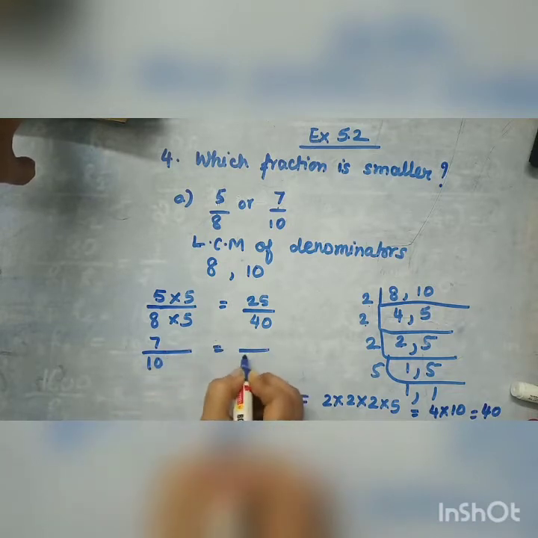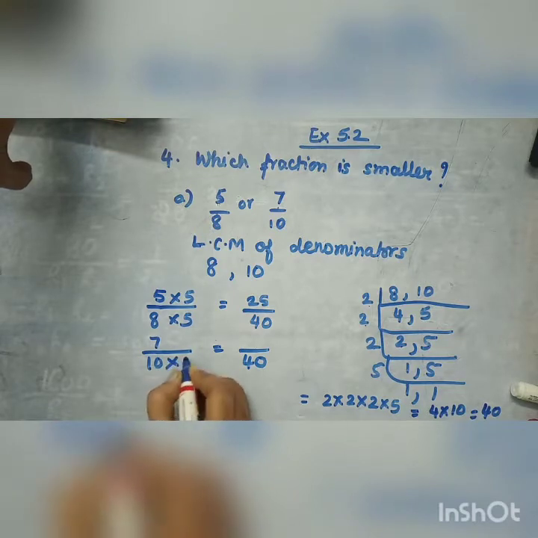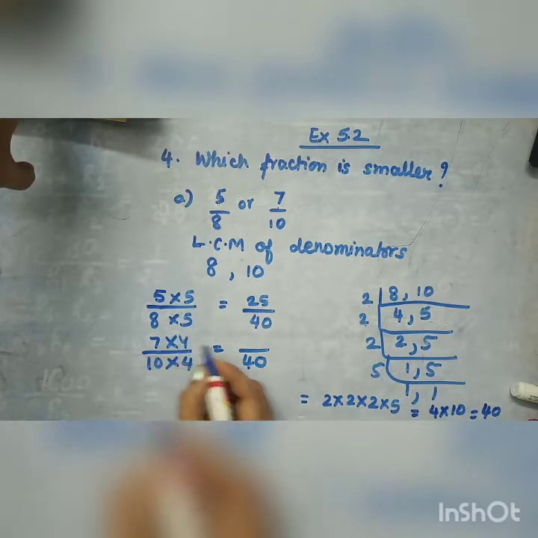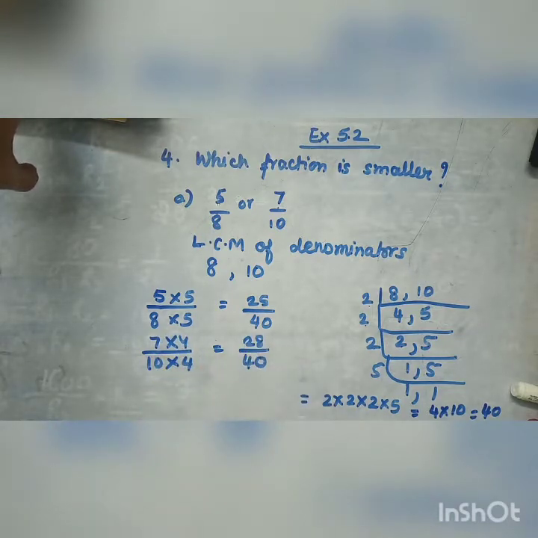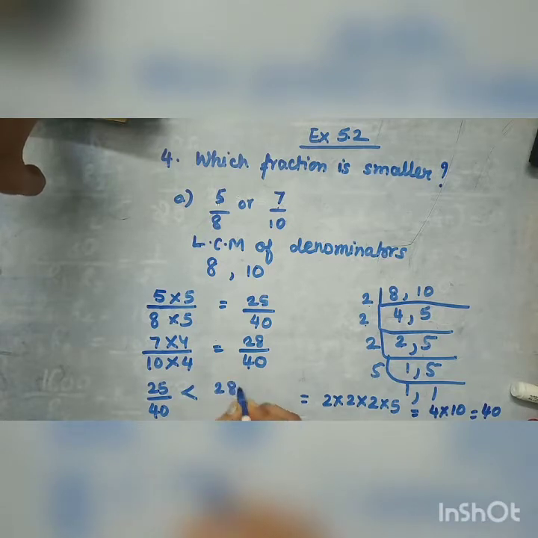Then again you need 40 as the denominator. So multiply by 4. So here you are getting 28 upon 40. So you got both the like terms over here. So you can see 25 upon 40 is less than 28 upon 40.